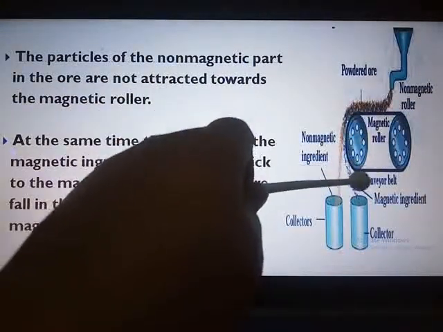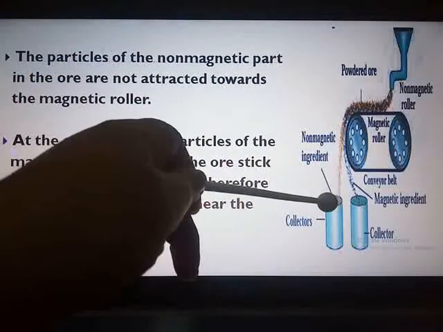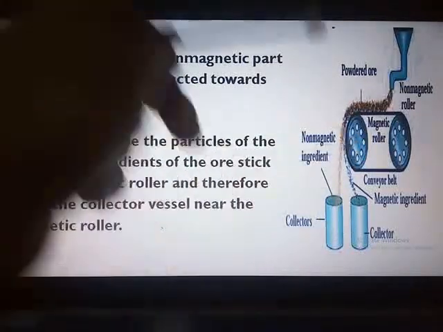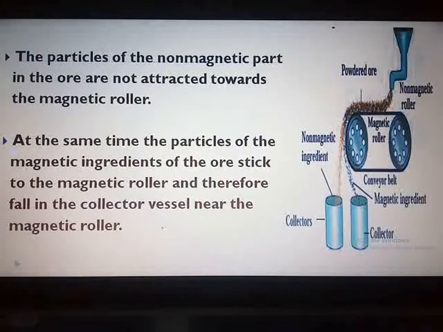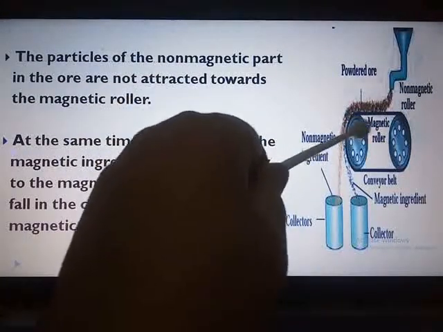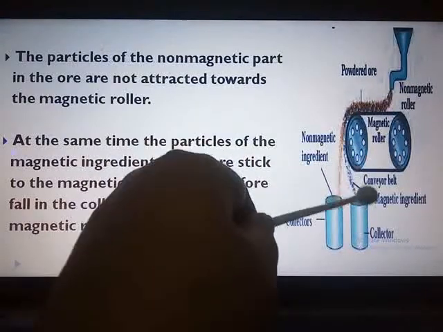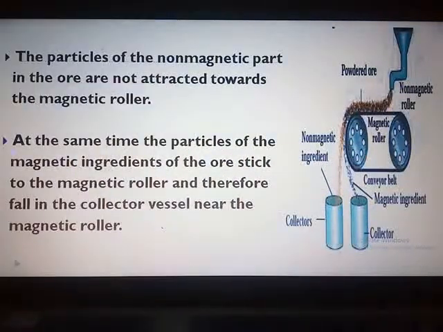This is the magnetic roller. Non-magnetic particles will be collected in the collector which is away from the magnetic roller. And what happens at the same time? The particles of the magnetic ingredients of the ores stick to the magnetic roller and therefore they fall in the collector vessel which is near your magnetic roller.